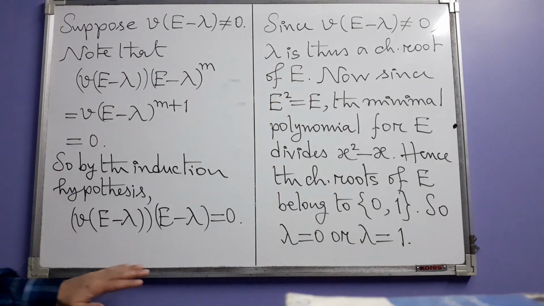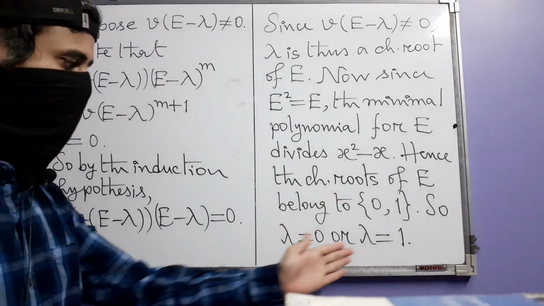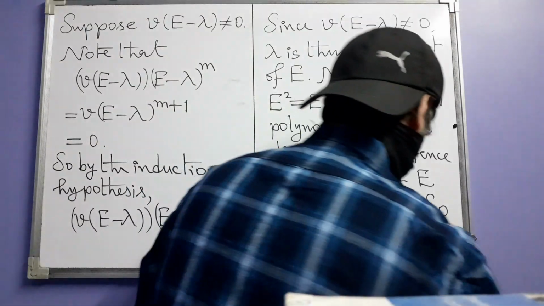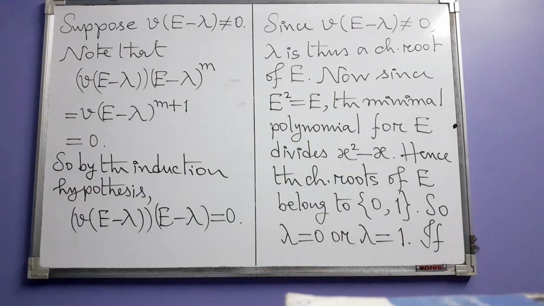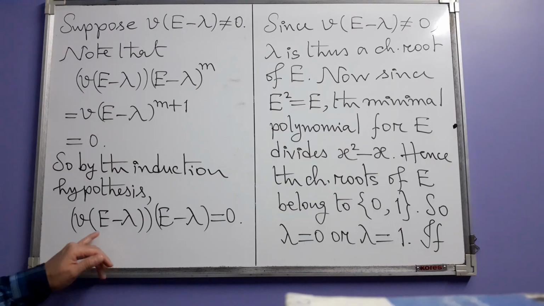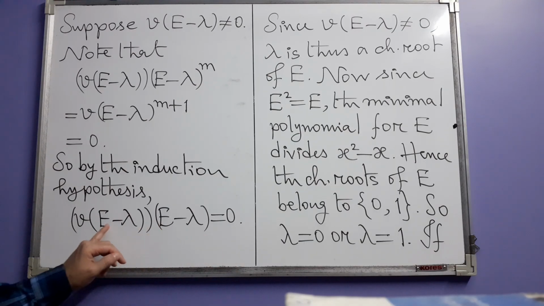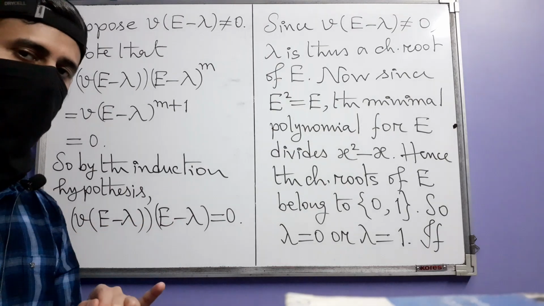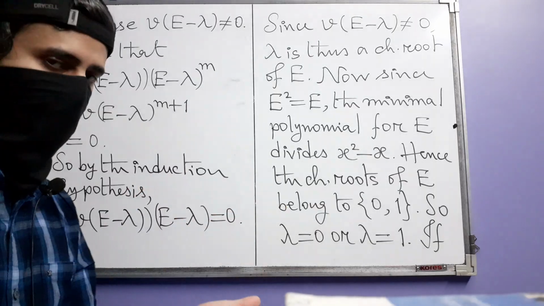Now, let us see what we get from these two situations, these two options. If, say, lambda is 0, what shall we get from this equation? Because lambda is 0, we are just applying two copies of E on V. That is, we are having V E square.